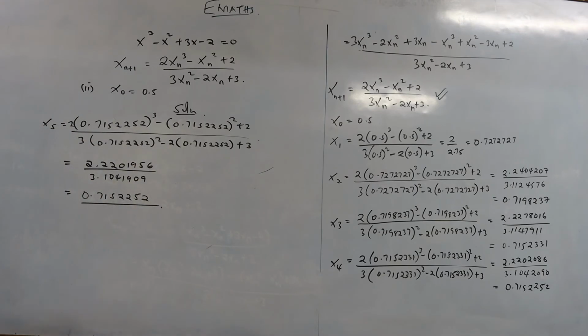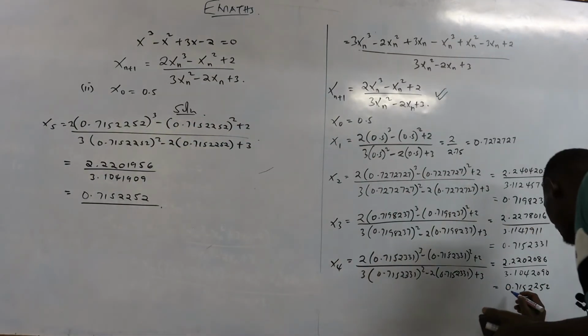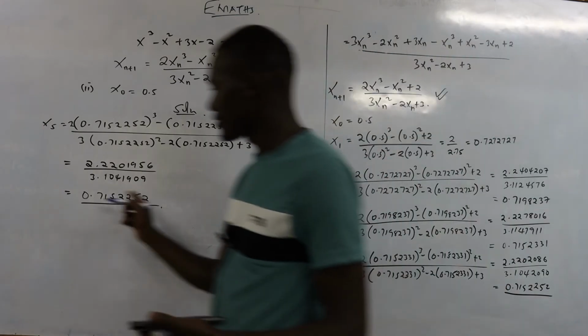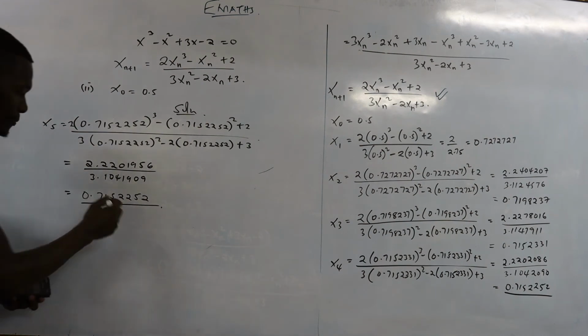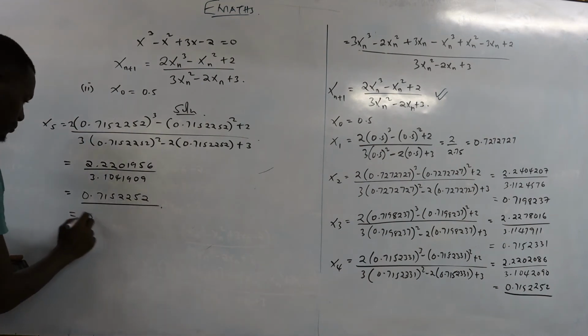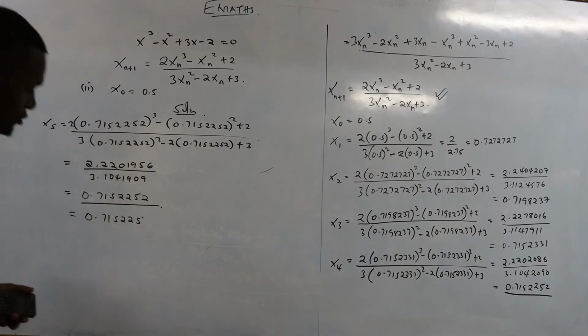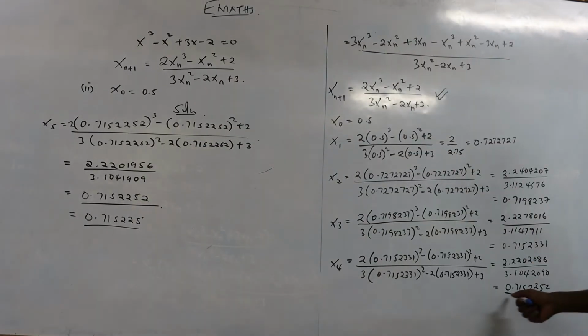Ladies and gentlemen, students, if we check our answer here in the fourth approximation and the answer that we have here in 6 decimal places, so in our 6 decimal place here we shall have 0.715225. And what did we have here as this approximation in 6 decimal places? 0.715225.